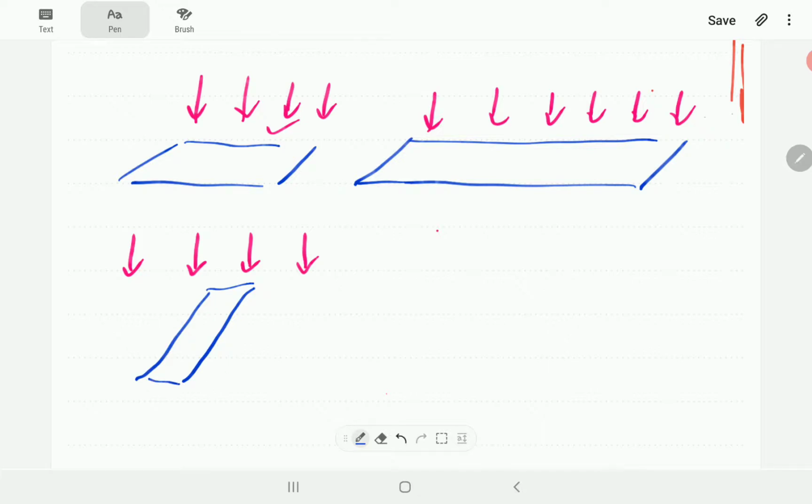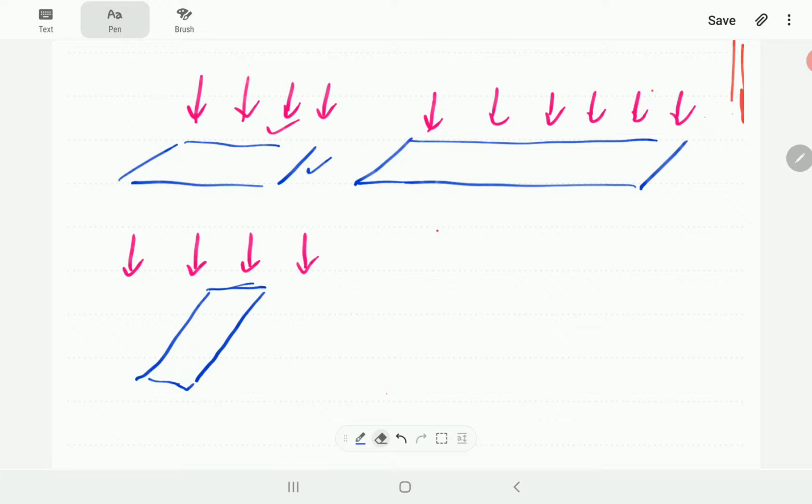So you can see now that even if this surface is the same size as this one, because of its orientation, the amount of rain collected, or the rate of rain water collection, is going to be lower than here.